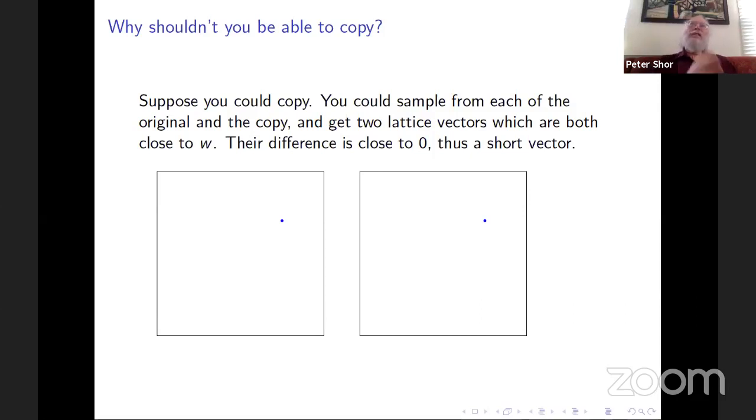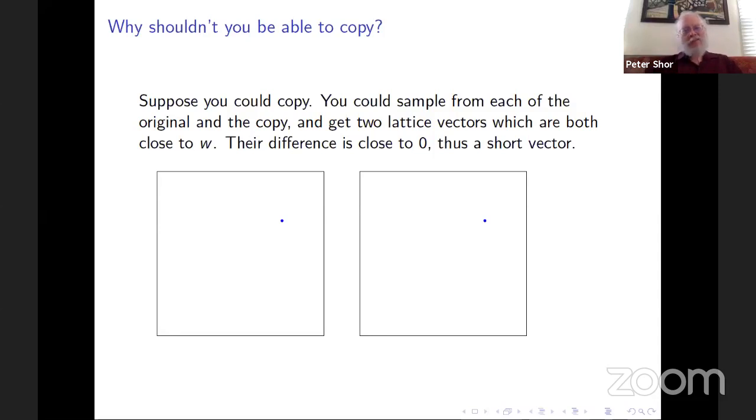Then if there's an algorithm for copying states, anyone can get an original state and a copy. If they're both superpositions of vectors in the small Gaussian ball, then when they measure them, they will get two lattice vectors which are both close to W, and their difference is close to 0, and you have a short lattice vector.